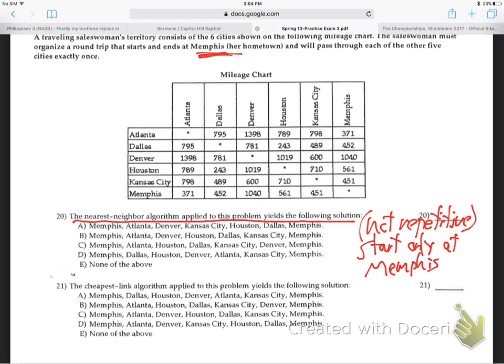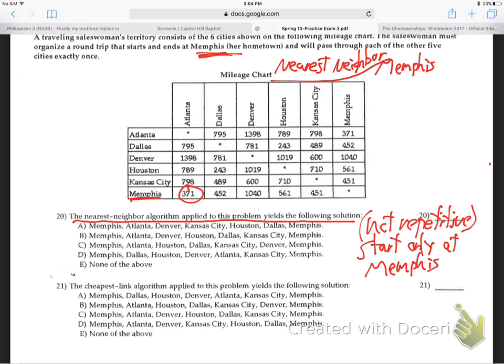Okay, let's do it. So I'll do it up here. Starting at Memphis, this is going to be nearest neighbor. If you're at Memphis, I'll look right here across. Which city is closest to you? Who's your nearest neighbor?